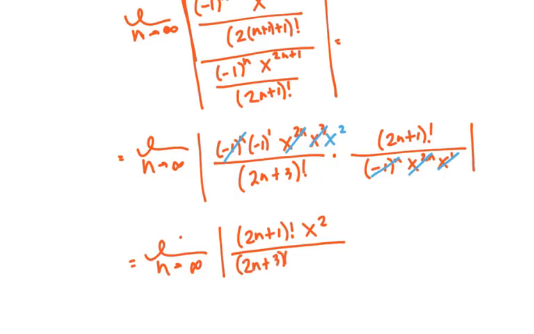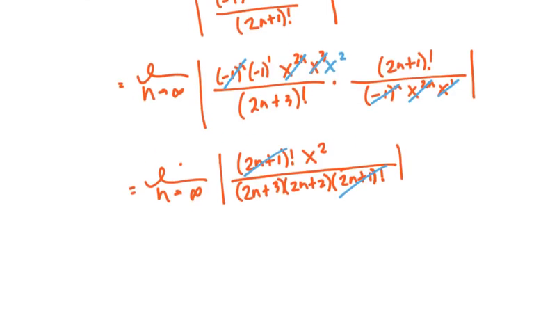This means 2n plus 3 times 2n plus 2 times 2n plus 1 factorial. It's going to work out nicely for us, isn't it? So these cancel now. Remember, x squared is always positive. So we have the limit as n approaches infinity, and n's are positive, so now we have x squared over these two.